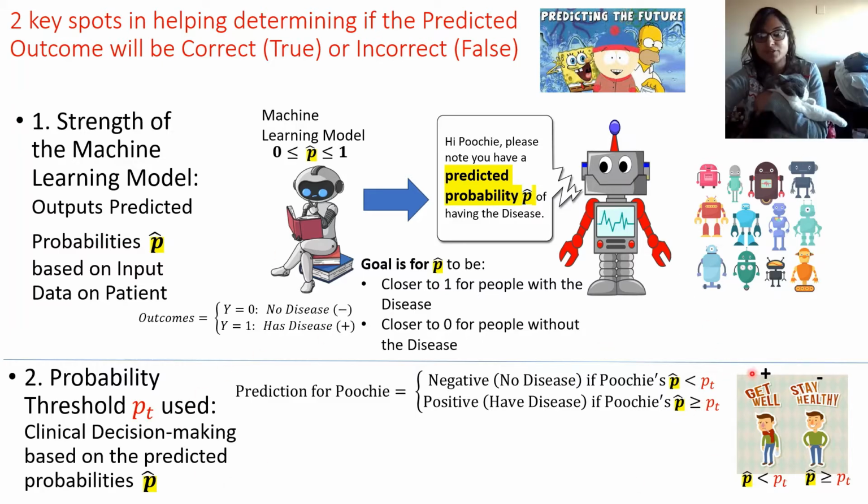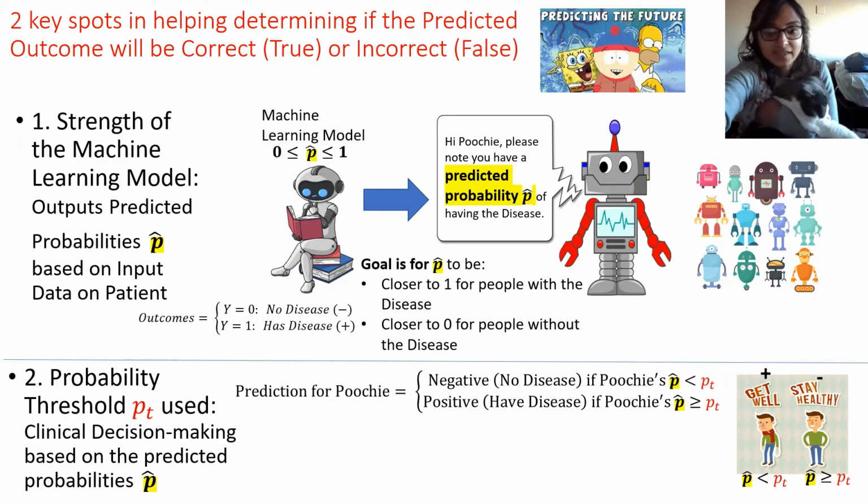I'll be talking about what this threshold probability means and how we can express how we value the different types of mistakes just based on this threshold, PT. These are the two spots where we can hone in on these types of errors, whether correct or incorrect based on these outcomes.